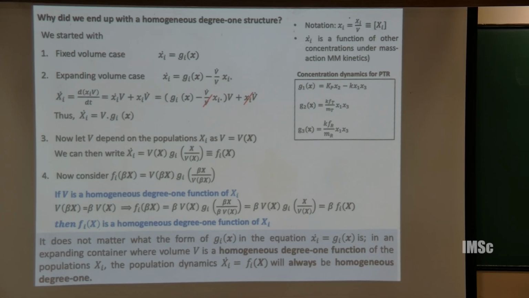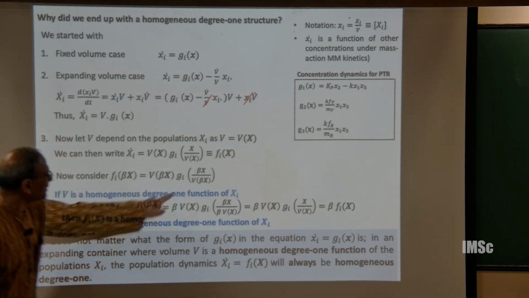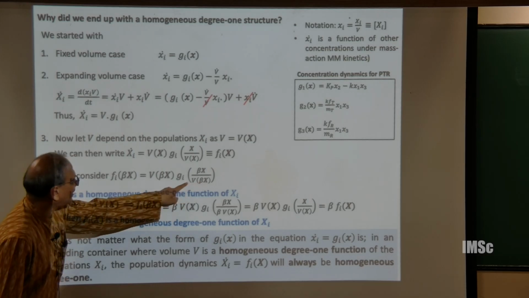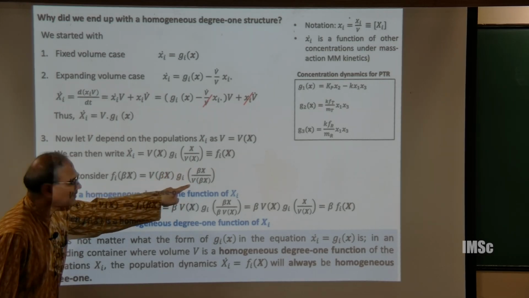But as long as V has this property, that V of beta X is equal to beta times V of X, okay? Even V itself could be a nonlinear function of the X's, but as long as it is homogeneous degree 1, then you see what happens is that this factor beta comes out, and this beta cancels.